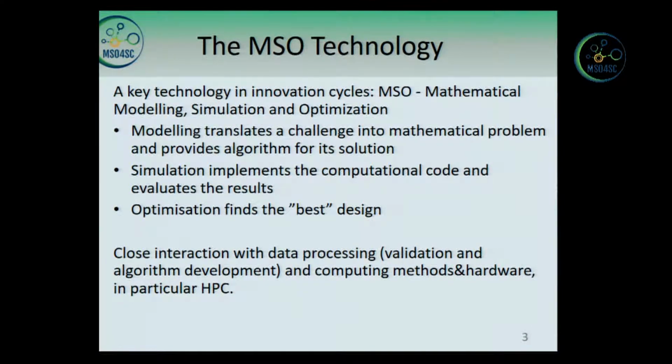And the optimization finds the best design, roughly speaking. This MSO technology is in close interaction with data processing. A lot of the time we are provided not only the problem but also measurements.